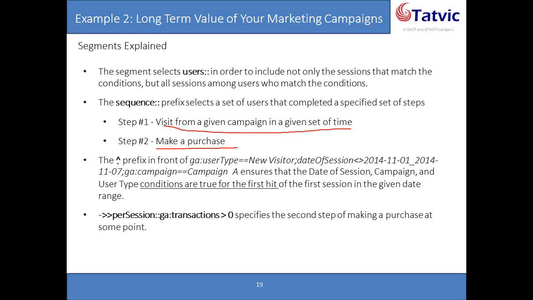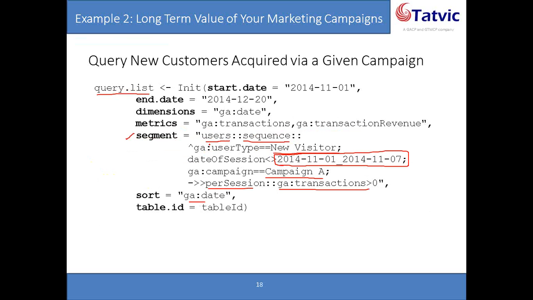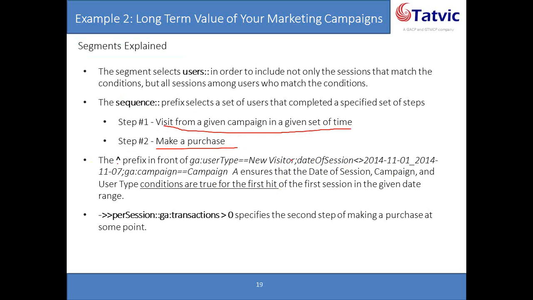And this prefix in the segment definition ensures that we get the new visitor only from this duration from campaign A, and essentially the user type conditions are true for the first date of the first session in the given date. So the first date has to be within the duration that you have.